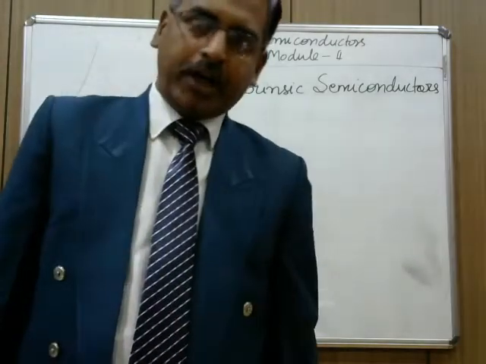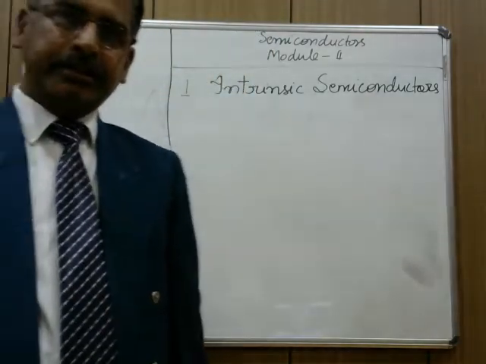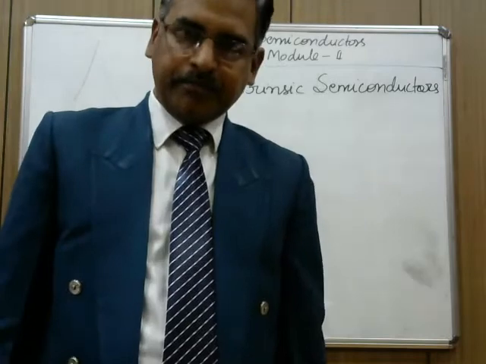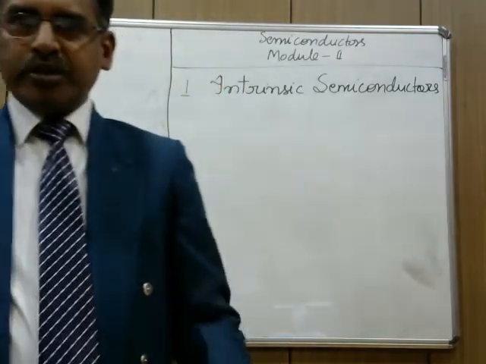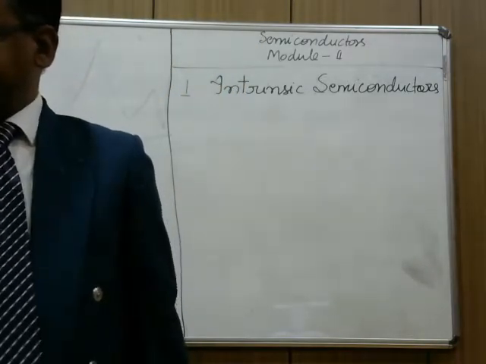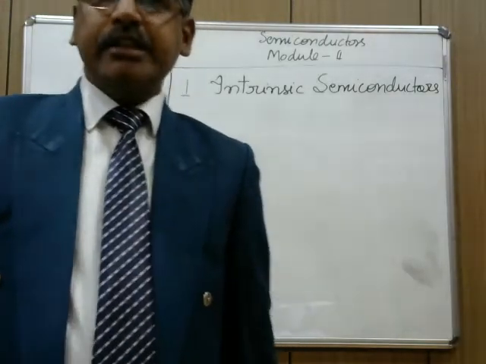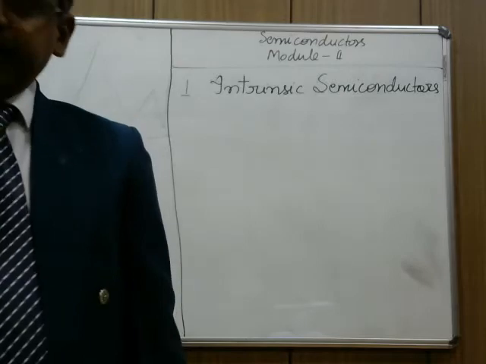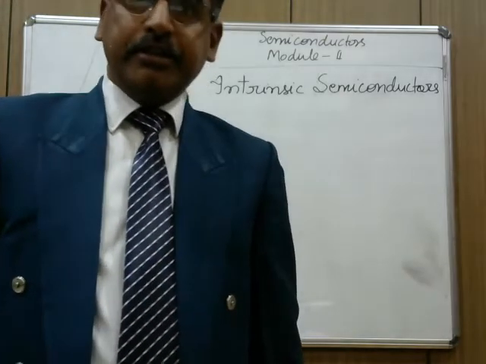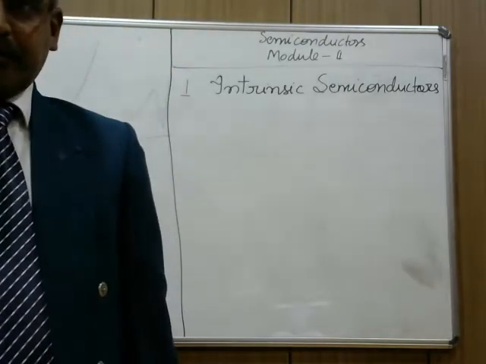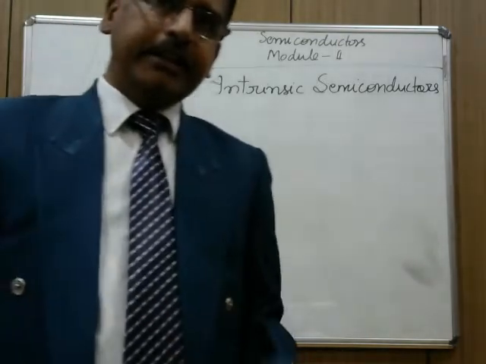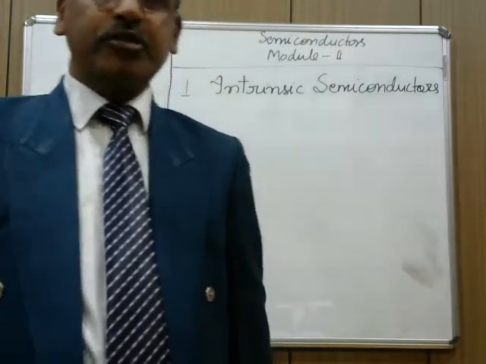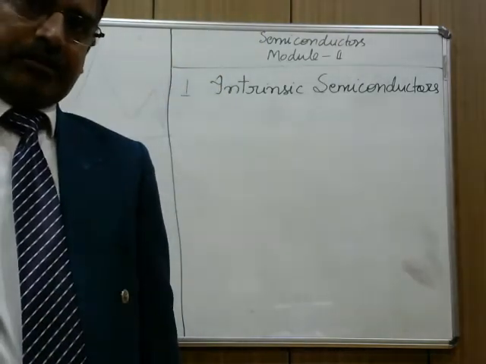Semiconductors in the pure form are called intrinsic semiconductors. That is, a pure semiconductor is the intrinsic semiconductor. The presence of mobile charge carriers is an intrinsic property of intrinsic semiconductors, and these charge carriers are produced due to thermal agitation.